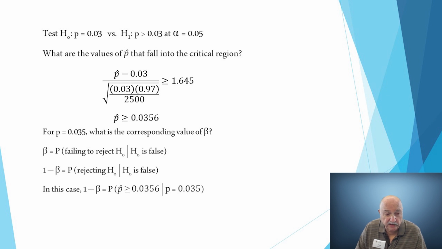Or another way of saying it, 1 minus beta is the probability of rejecting the null hypothesis when the null hypothesis is false. Well, 1 minus beta then is the probability that p hat falls into the critical region, that's equivalent to rejecting the null hypothesis, given that the null hypothesis is false and the alternative is true, and we're representing the alternative by the 3.5% response rate that was generated in our test.